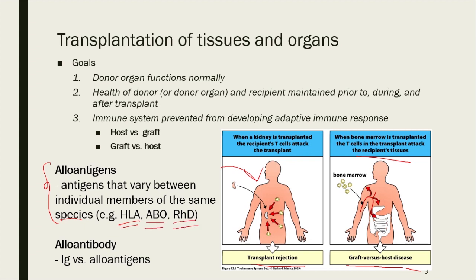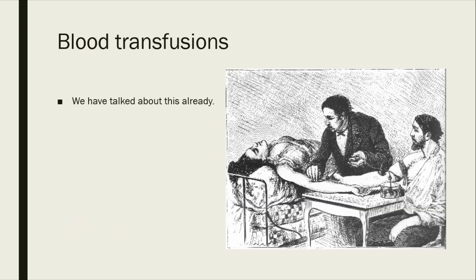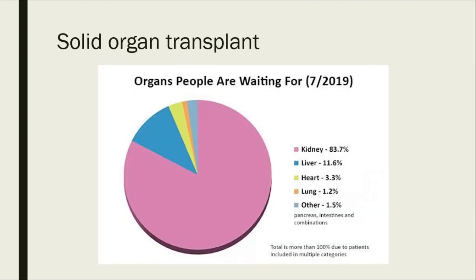And an alloantibody is an immunoglobulin that can attack these alloantigens. In terms of tissue transplant, we've been talking about blood transfusions forever, so we are not going to talk about it again. By this time you should adequately know the principles behind blood transfusions.